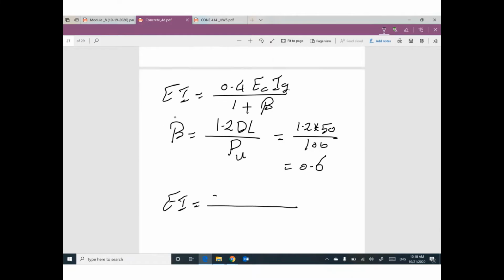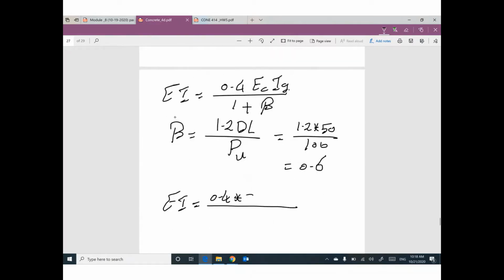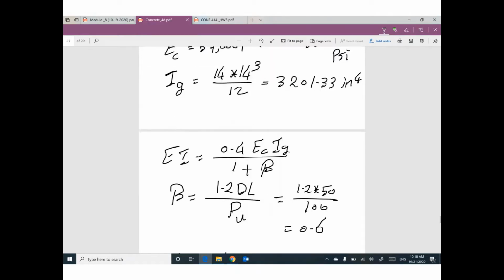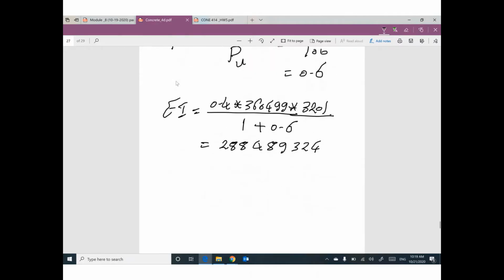0.4 times E concrete 3604.99 times I gross 3,201 divide 1 plus beta 0.6. So I can figure out the value. This value will be 288489324 pound inch square.